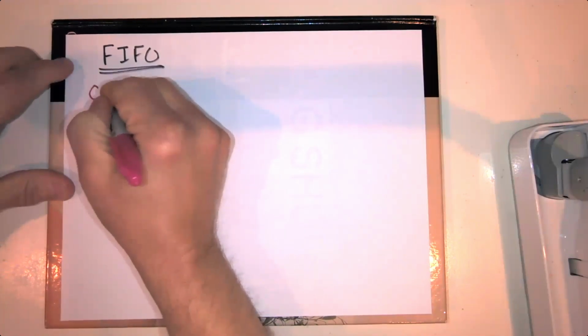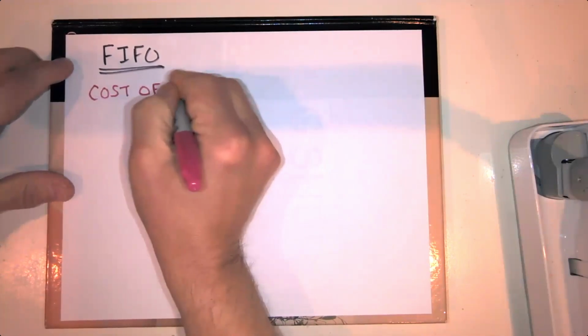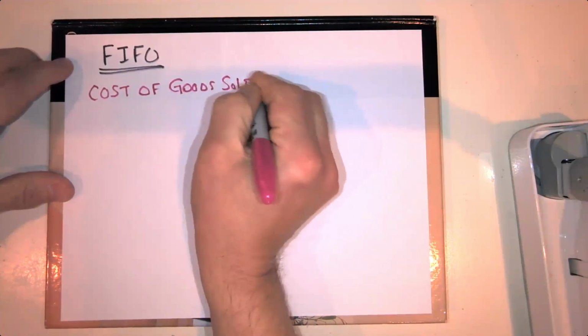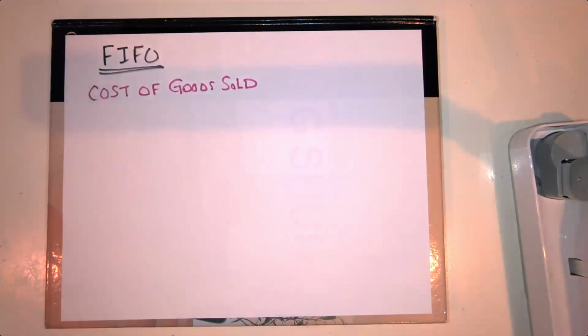I want to come up with my cost of goods sold. I'd like to give somebody a shot at doing this. Anybody want to try it? Give me the numbers to figure out your FIFO cost of goods sold.